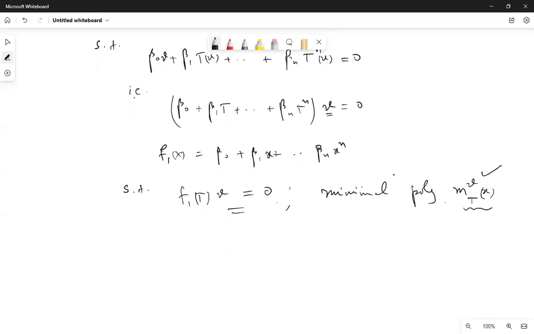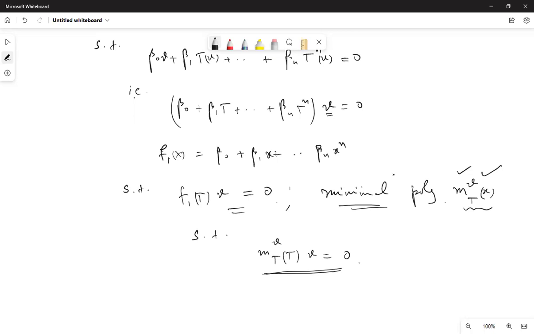The minimal polynomial satisfies M_T,v of T applied on v is 0. Minimal polynomial means it is monic as well as of least degree.